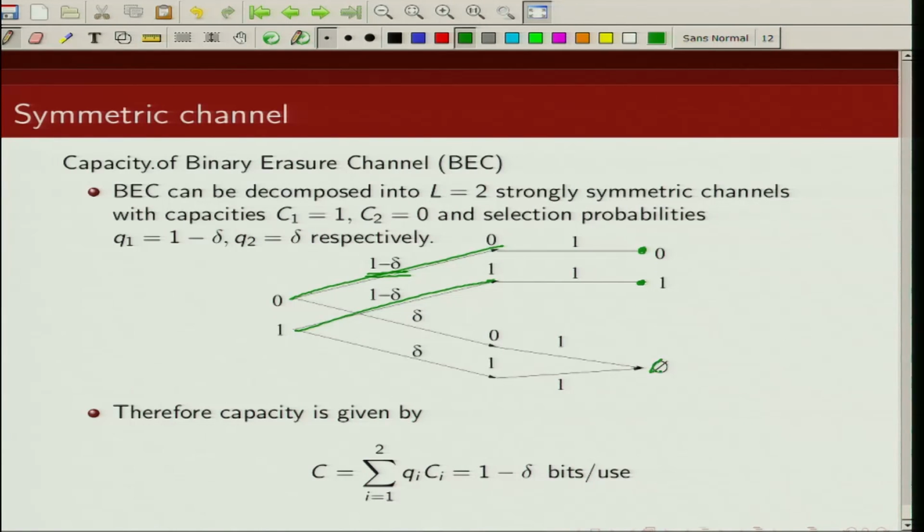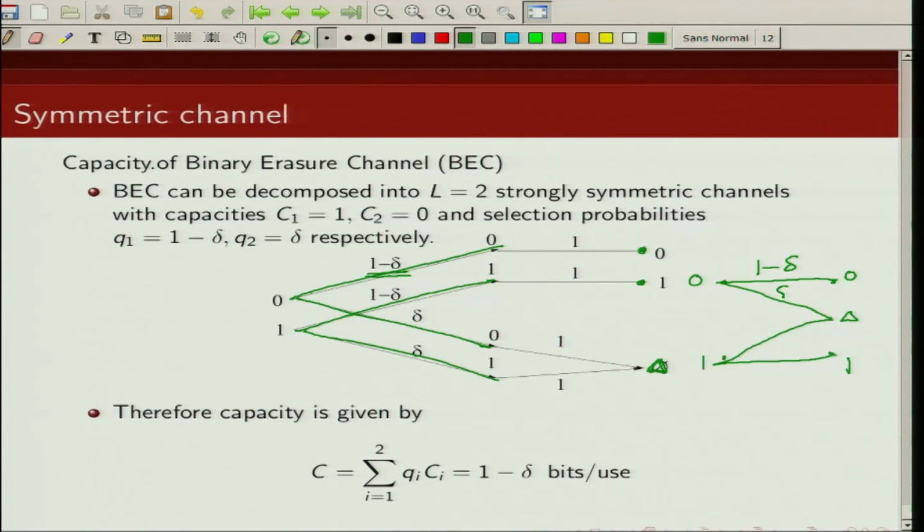Now, if you consider the second channel, here the second channel is similarly selected with probability delta. Again, let's redraw the diagram for the binary erasure channel. 1 minus delta, delta, delta, 1 minus delta.